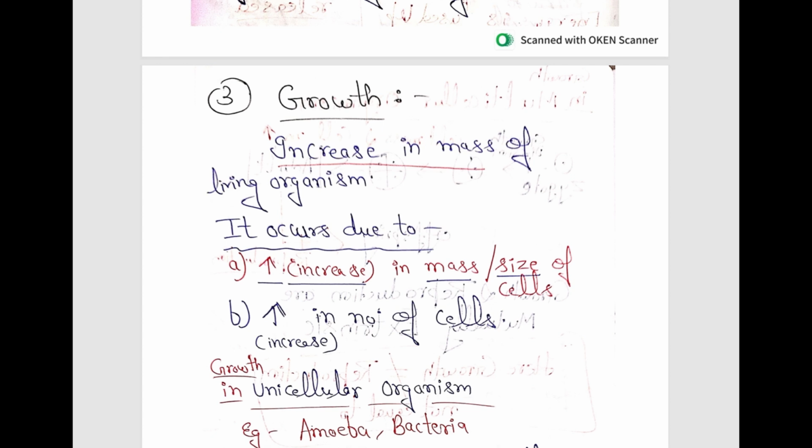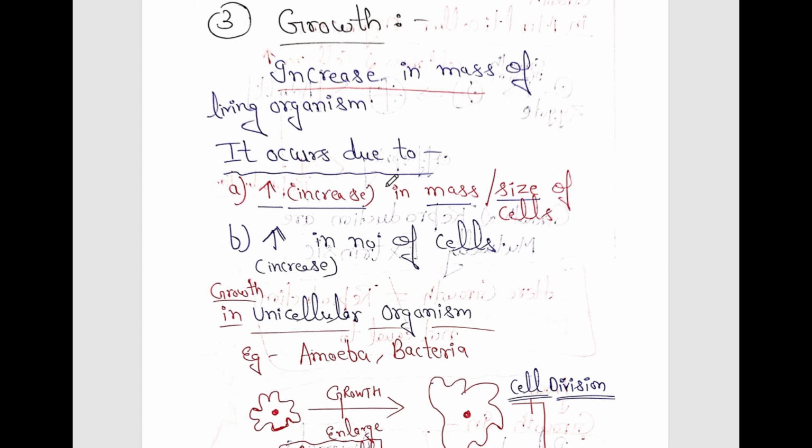In plants, growth continues throughout life, as they have meristematic areas where cell division occurs regularly. An increase in mass or overall size of a tissue, organism or its parts is called growth. It occurs due to the increase in mass and size of cells, and the increase in the number of cells.